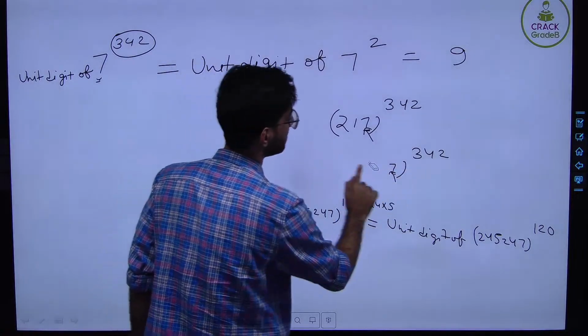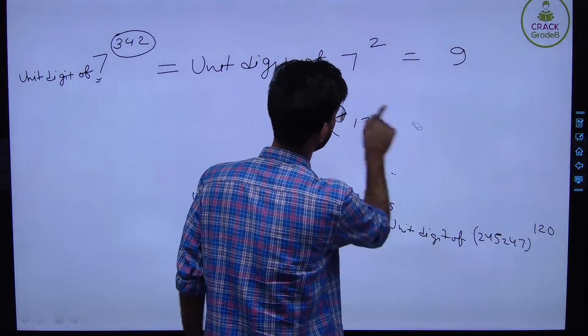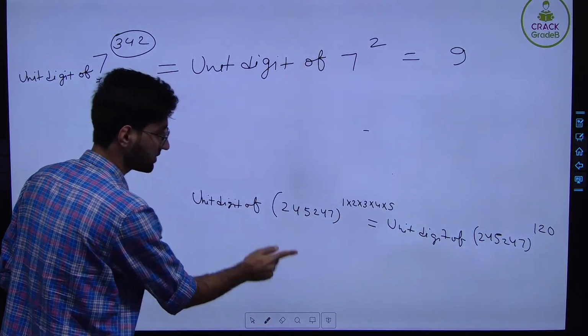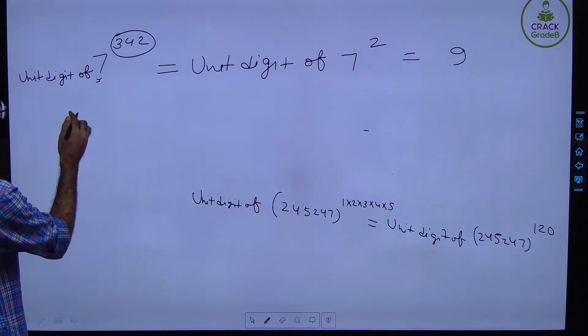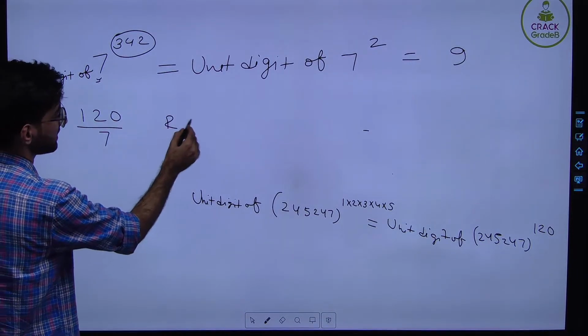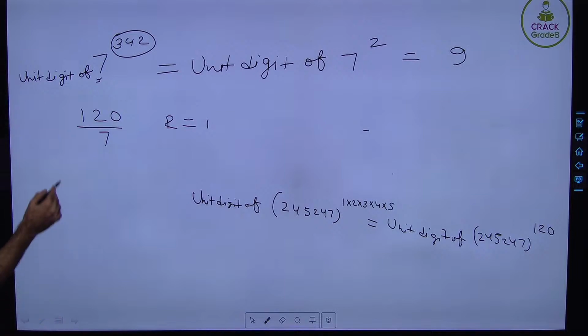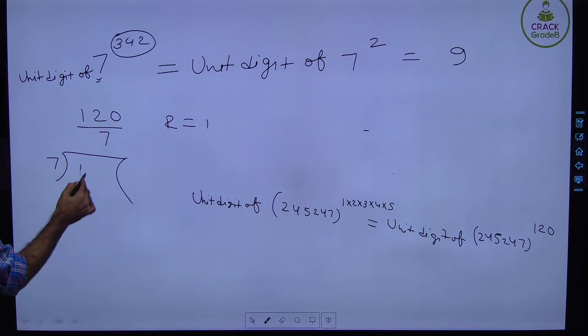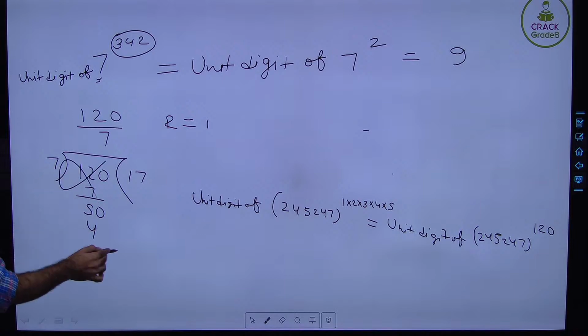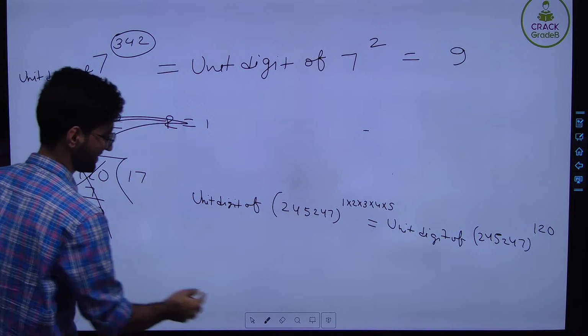Now we will divide 120 by 7. What will be the remainder? The remainder will be 1. Sorry.